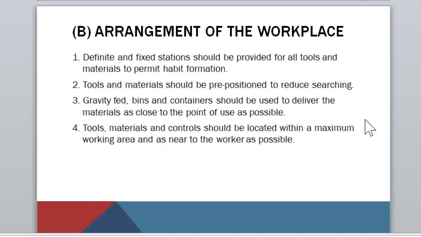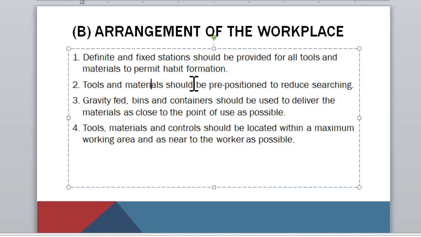Of course, there is habit formation, meaning the worker can already find the materials needed. They no longer need to search, so time spent searching is saved, because they already find the materials or tools they need.